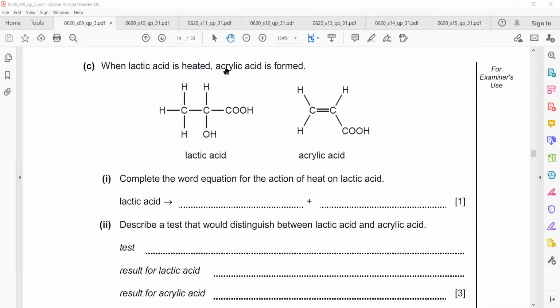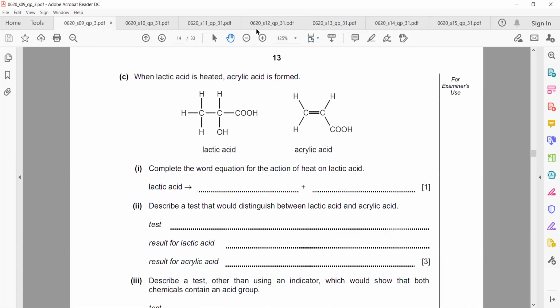Then, describe a test that could be used to distinguish lactic acid from acrylic acid. Both are acids, so we cannot do a pH test. But there is one more thing. Lactic acid contains a carbon-carbon single bond, whereas acrylic acid has a carbon-carbon double bond. So how can we test to show the presence of a double bond?